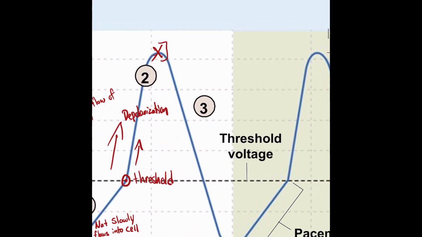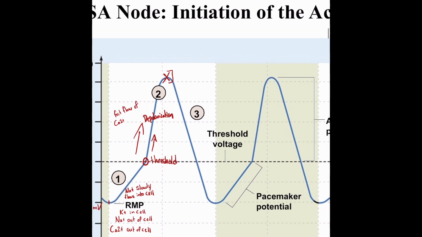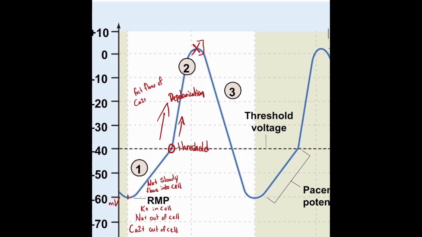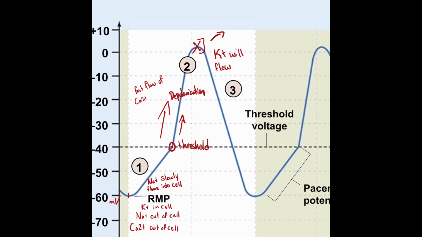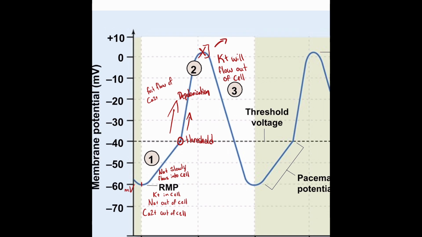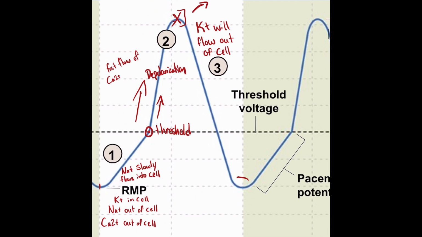Once we get here, we have achieved what we needed to do, and we need to get back to resting membrane potential in order to fire once more. In order to do this, we have to become negative. So we have to let go from inside the cell of a positive ion. That positive ion will be potassium. So potassium will flow out of the cell, and we will reach resting membrane potential.